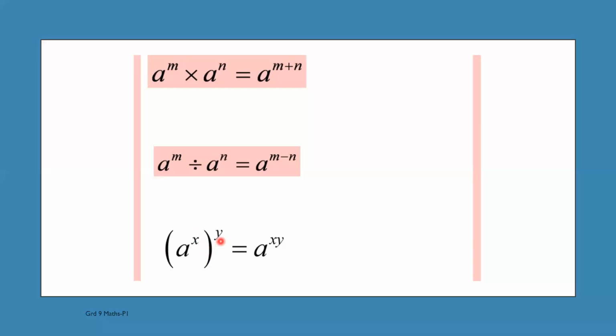Y is the power of what is inside the bracket. Inside the bracket, I have a to the power of x. So I'm going to multiply the power of a, which is x, with the power of the bracket, which is y. So it's going to be a to the power of x times y.